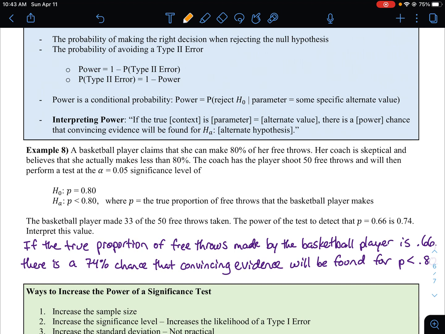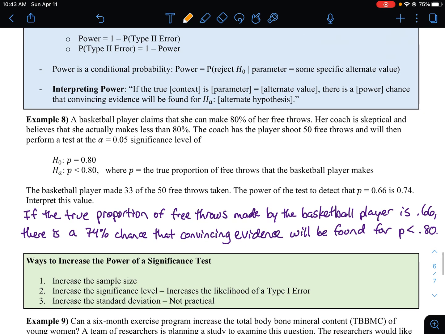So simply what that means is that if the true proportion of free throws made by the player is actually 66%, then, because the power is 0.74, there's a 74% chance that we're going to find convincing evidence that the alternate hypothesis is true. In other words, that P is less than 80%.